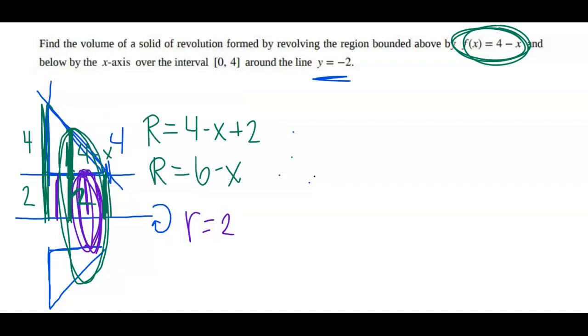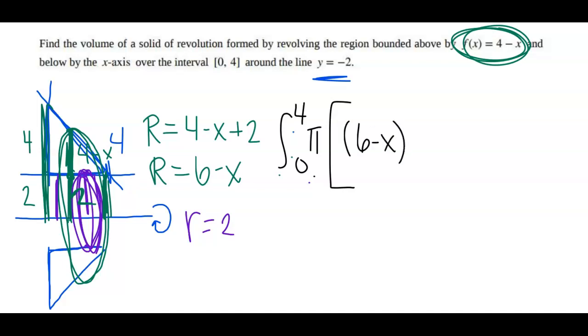To save time on this one, we're just going to set it up. I always like to do the work for big R and little r off to the side like this, so I can then just plug into our formula. So volume is going to be the integral from 0 to 4 of pi times big R squared minus little r squared dx.